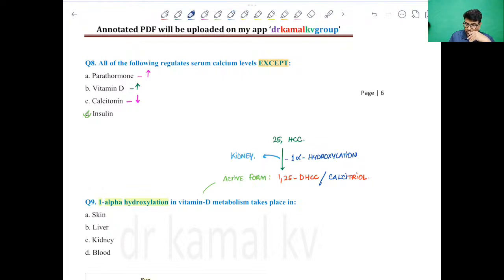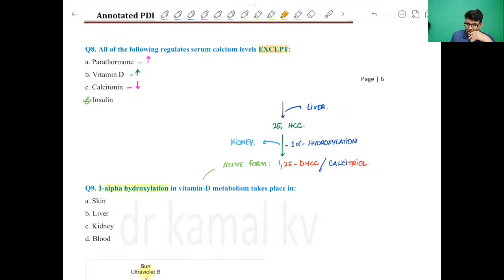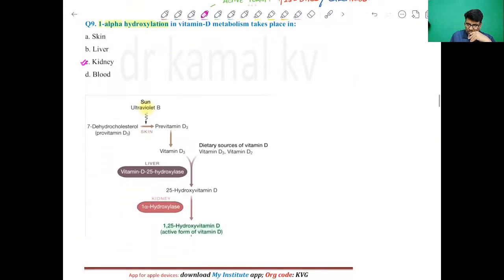The formation of 25-hydroxycholecalciferol occurs in liver, right? The 1-alpha hydroxylation occurs in kidney, where 25-hydroxycholecalciferol finally converts into the active form, 1,25-dihydroxycholecalciferol, which is also known as calcitriol, right?